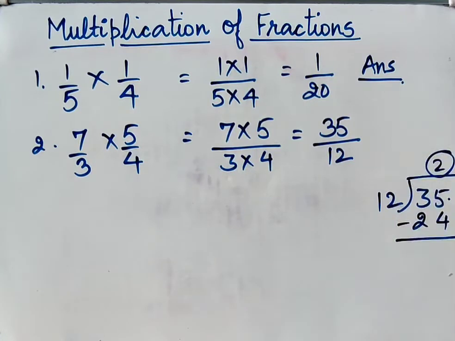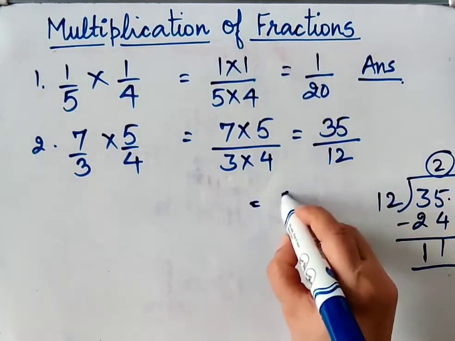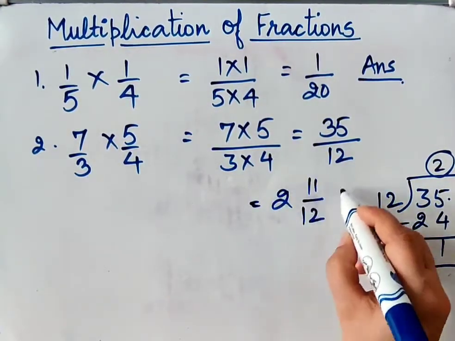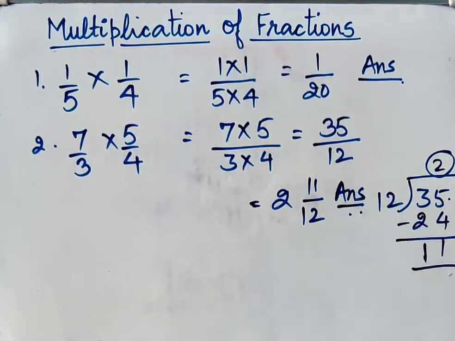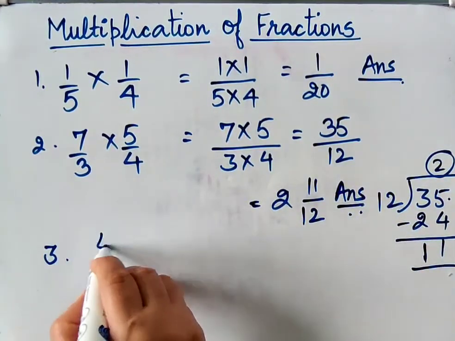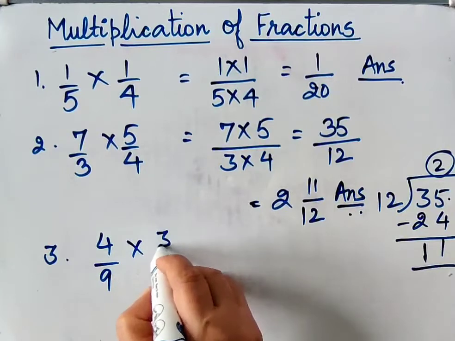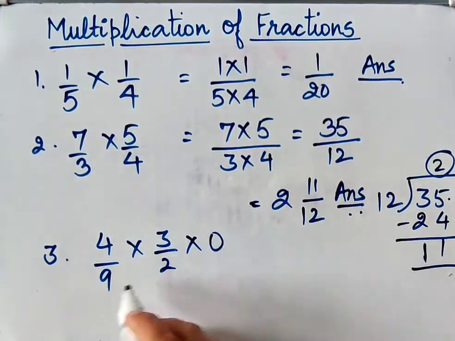So we are going to carry with 24, 2 times, that is 24. So this is 11 as the remainder. Therefore, this will be equal to 2 11 by 12, the required answer.